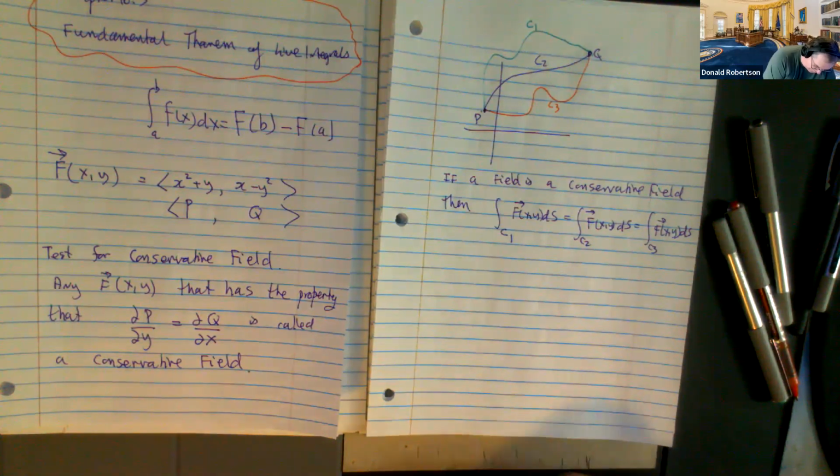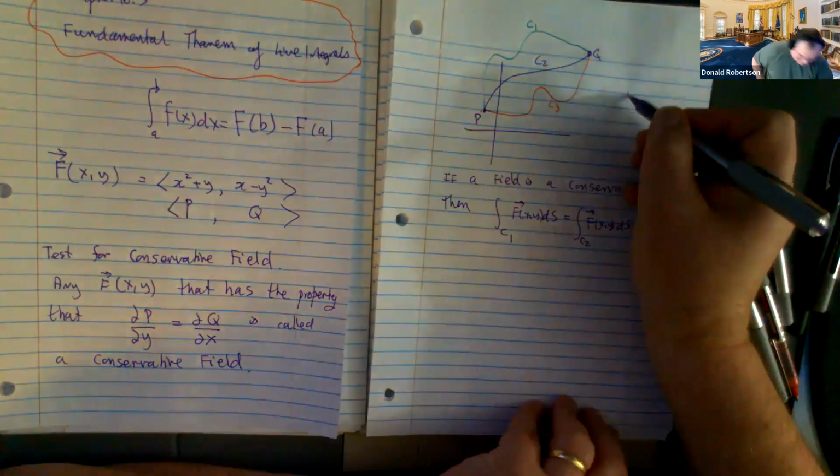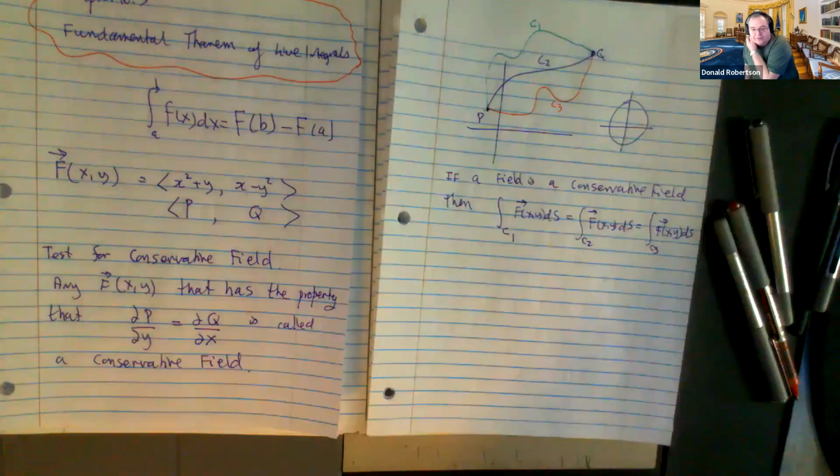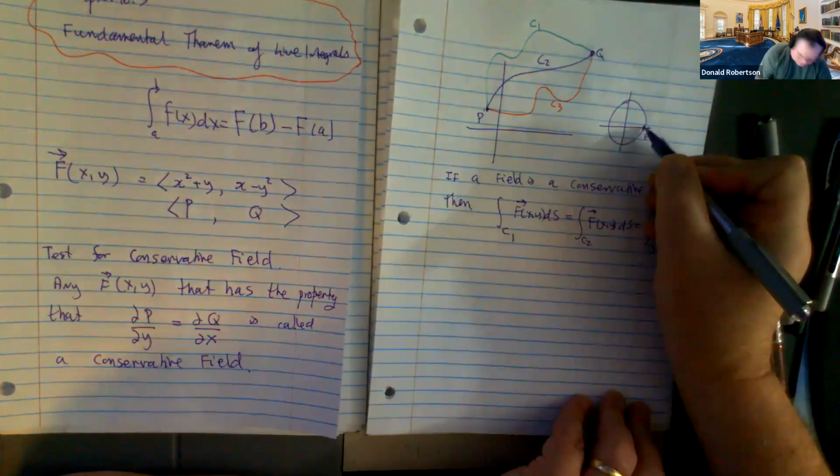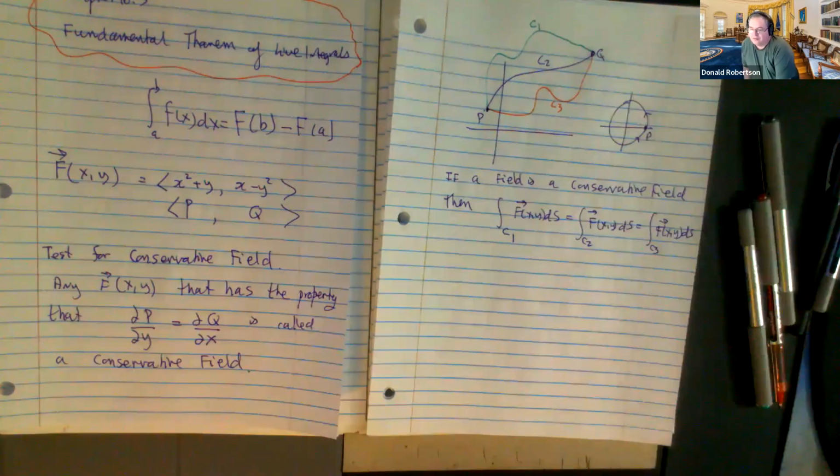So let's do a circle. If you're in a conservative field and you do a circular pathway, in other words, your start and finish point are the same point, you start there and then you finish there, that answer will be 0 every single time.